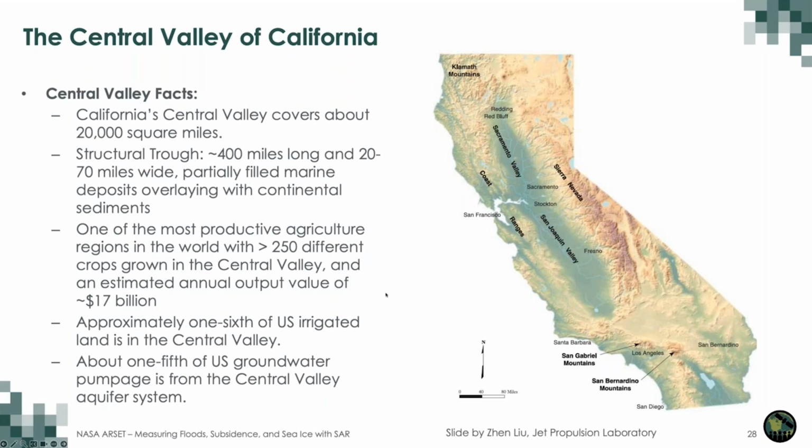This is a huge agricultural area, and has an estimated agricultural output of about $17 billion a year. It's also about 1/6 of all the irrigated land in the United States. And about 1/5 of all the groundwater extraction is from this aquifer system.